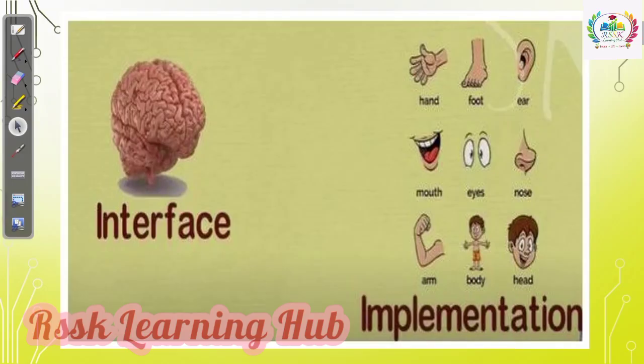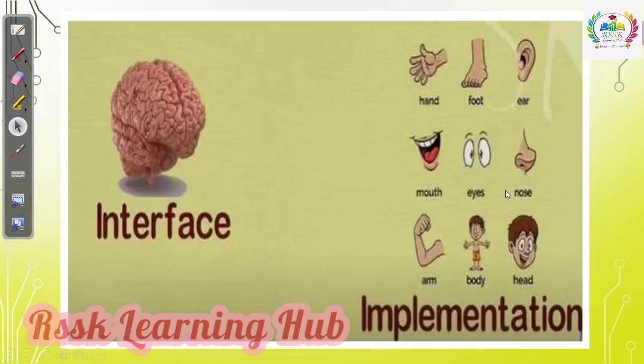Now see this example. Here, the brain acts as an interface for doing what purpose? First see, this one is hand, this one is foot. Every part of the body does some action, right? Mouth, eyes to look, nose to smell, arms to work out, body, head.